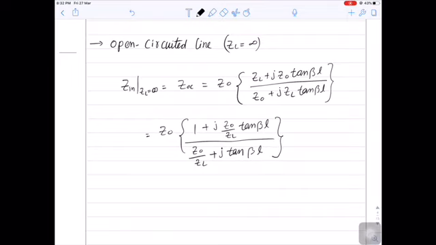Since ZL equals infinity, 1 by infinity will become 0. That means this part will become 0.